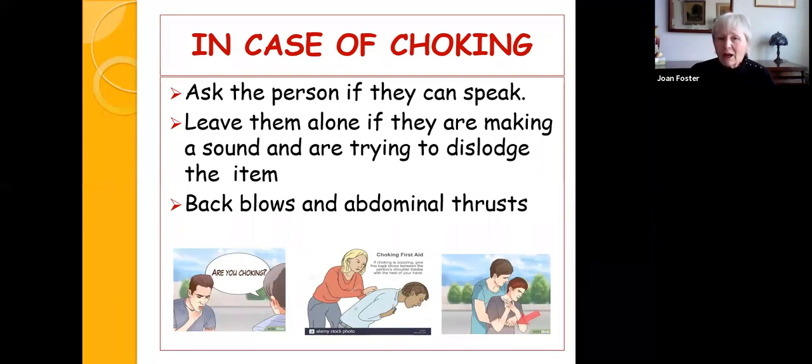Or if it's somebody that you can't thump their back, let's say they're lying in bed and you can't turn them to thump their back, then what you do is you try and push upward like a J below their diaphragm to take whatever trapped air is below this thing and push it up so that it will dislodge it.